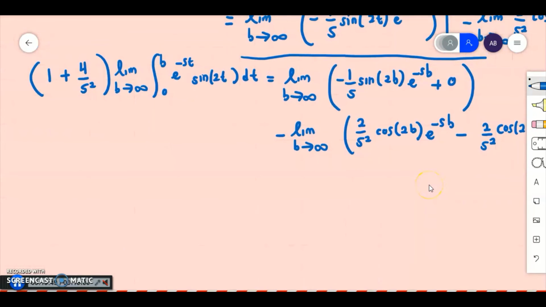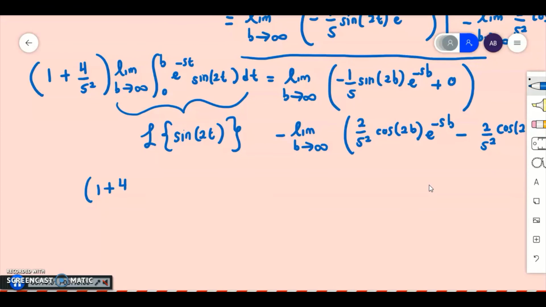Okay, so we have what we have here. It's not that complicated actually. So this is what we can write as the Laplace of sine 2t. So I have 1 plus 4 over s squared, Laplace of sine 2t equals to, okay, now this term here, when b approaches infinity, this part approaches 0.